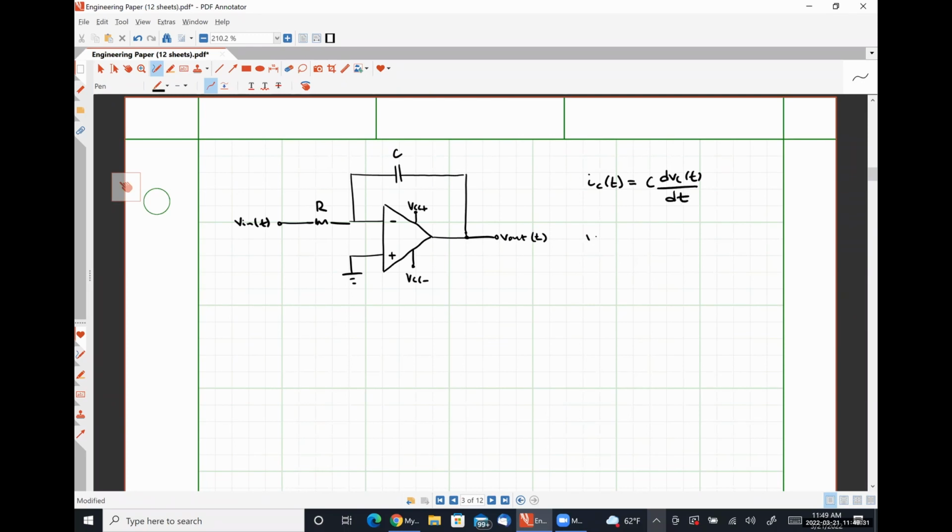And the opposite relationship, capacitor voltage Vc, is 1 over C times the integral of IC as a function of time, where I'm using x as a dummy variable for time here, since variable t shows up in the bounds of my integral.